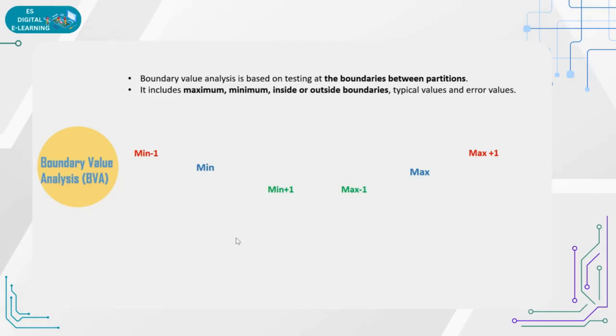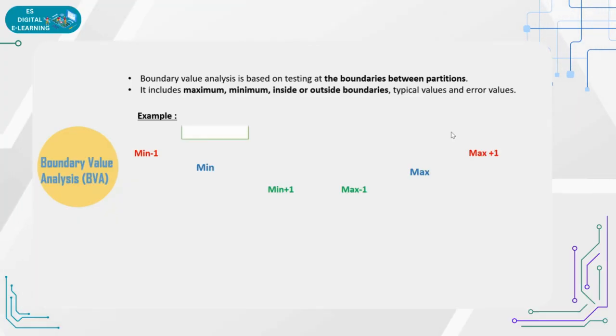We are covering the minimum side and the maximum side in parallel. Whatever is within the minimum and maximum are the typical values, and the outside, minimum minus 1 and maximum plus 1, are the error values that we are covering. So this is boundary value analysis.